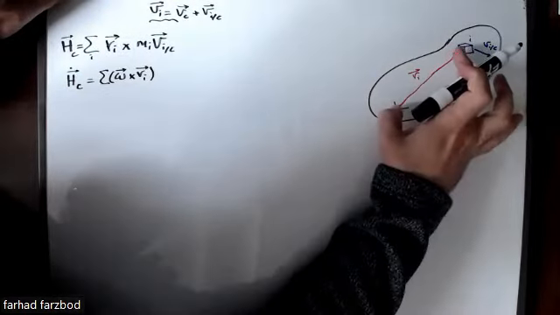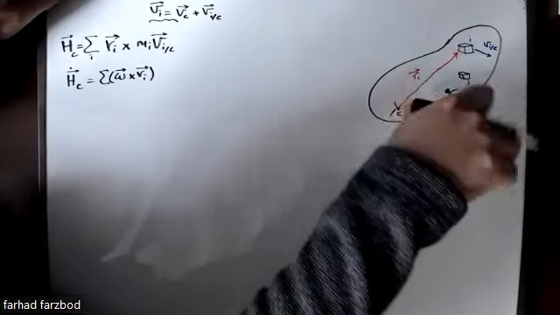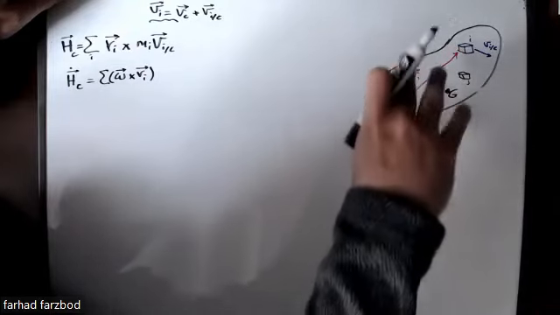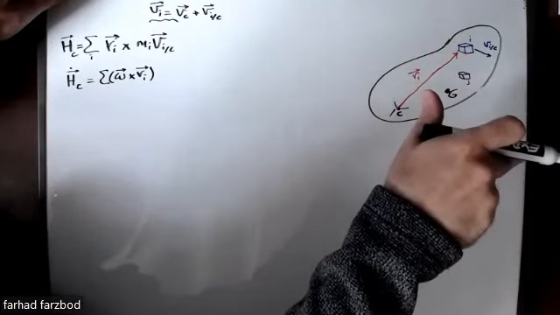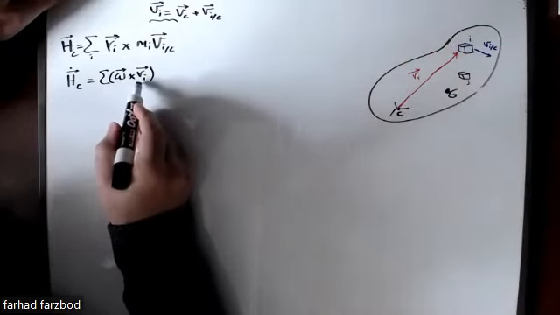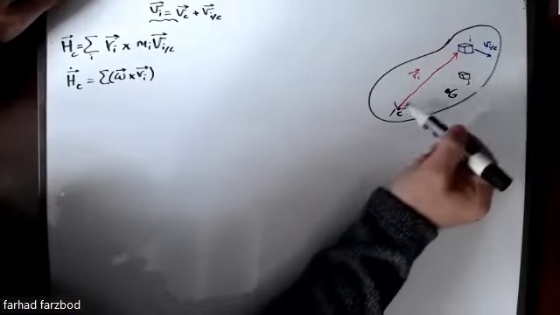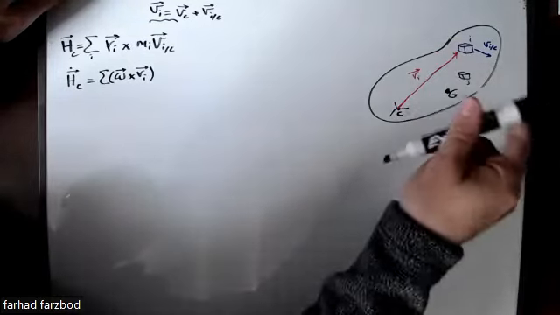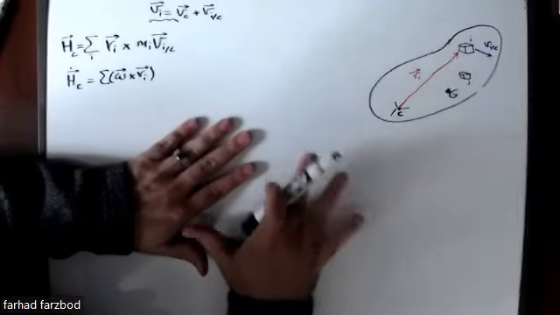The magnitude of Ri is not changing because it is a rigid body, but the direction is changing, right? Because the whole thing might rotate. So how much would it change? Omega cross Ri, because we want to see how much Ri is changing with respect to our inertial coordinate system.